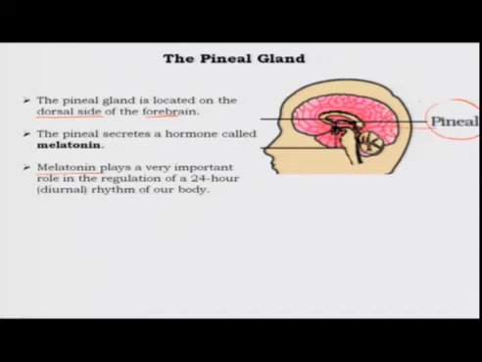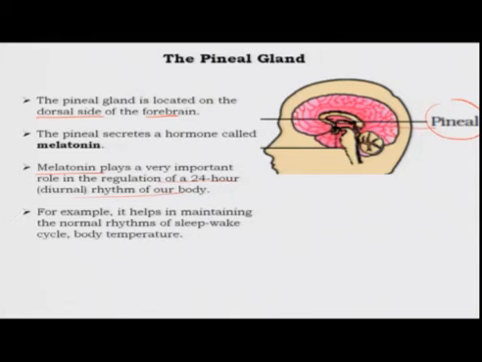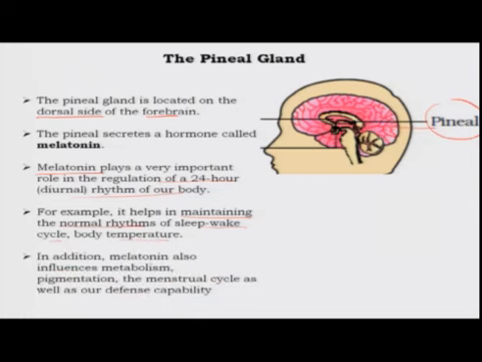It is important for the regulation of this 24-hour rhythm of our body. For example, it helps in maintaining one of the very important rhythms, which is the sleep-wake cycle, and also the body temperature. Further, melatonin also influences our metabolism.